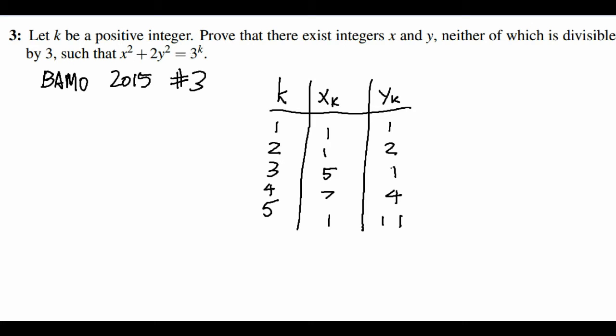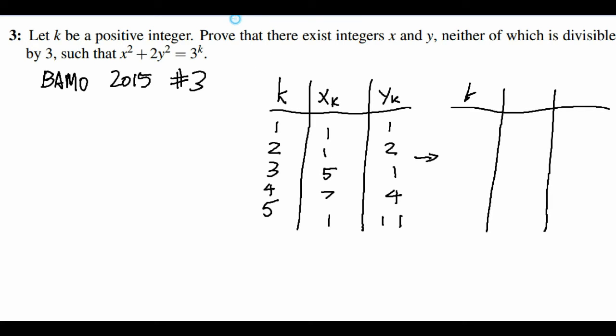Well, it's hard, because after this step, you have to realize that because x is squared and y is squared, x can be negative and y can be negative. You can just negate any of these values, and it'll still be true. So if you edit the table a little, you can actually see a pattern, you just have to know what to look for.